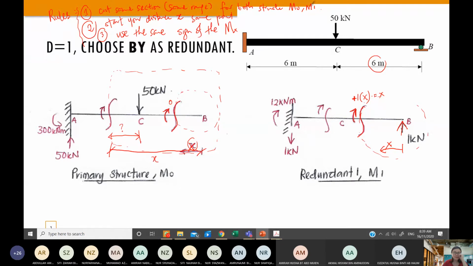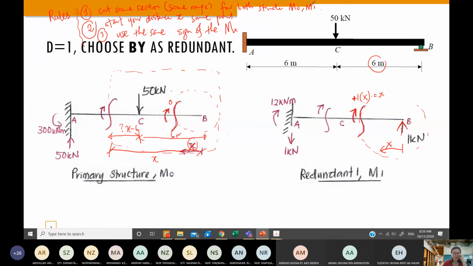So what is the distance C to the cut section? X minus 6. Okay, thank you. X minus 6, because this is 6 meter.